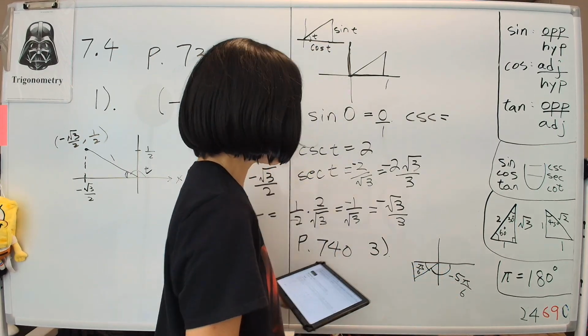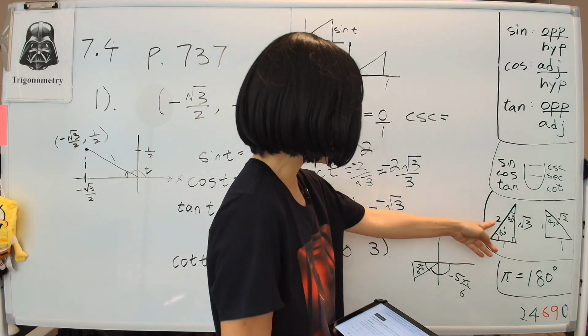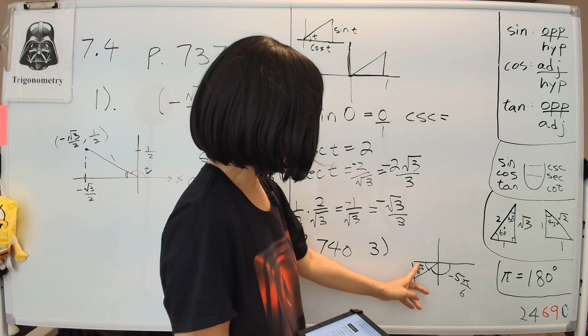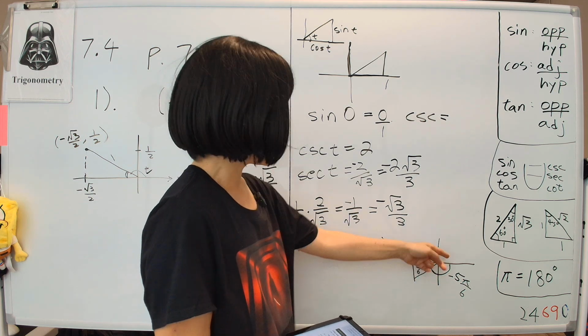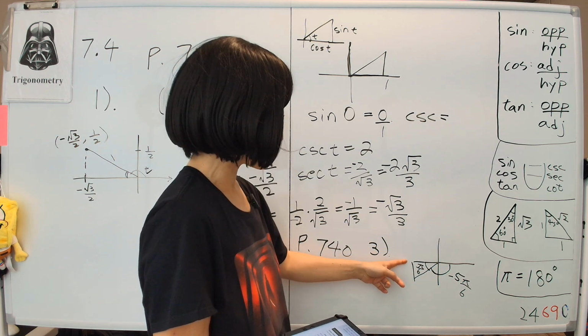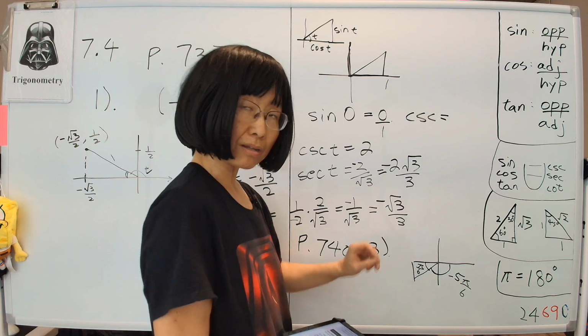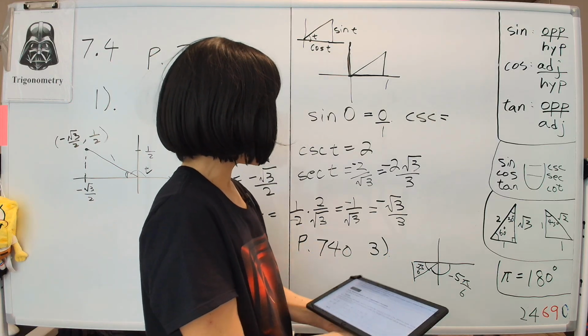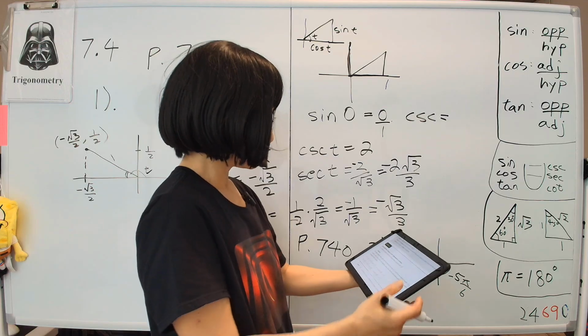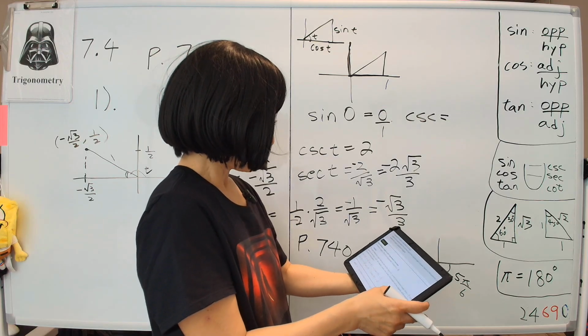We calculate the various things the same way as before, but with some care as to the sign. The x value is negative because we're on the negative side of the x-axis, and the y value is also negative, so they're both negative. You have to watch out for that very carefully.